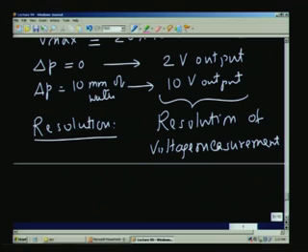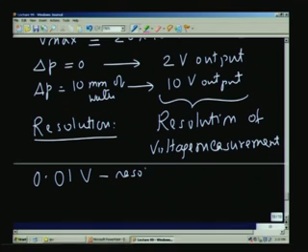Suppose, for example, I am able to measure 0.01 volt resolution. Just an example. That means what does it mean? I can go up to 19.99.